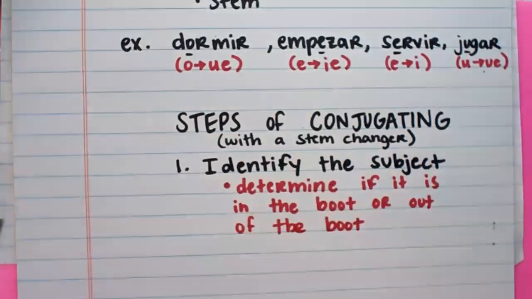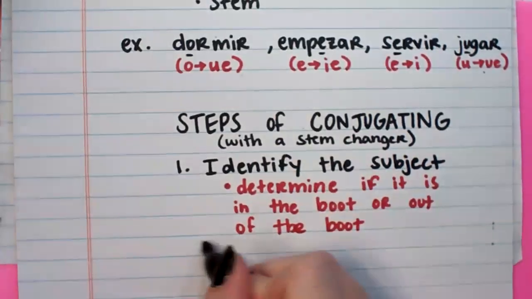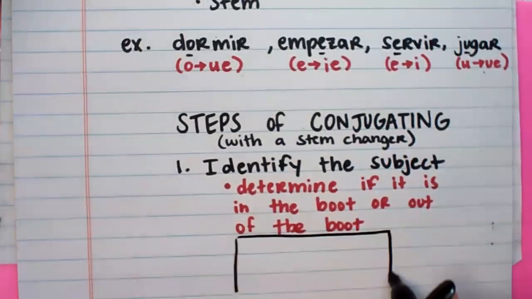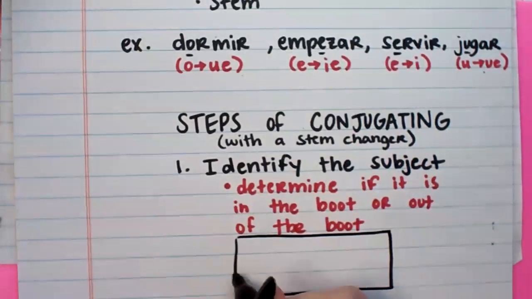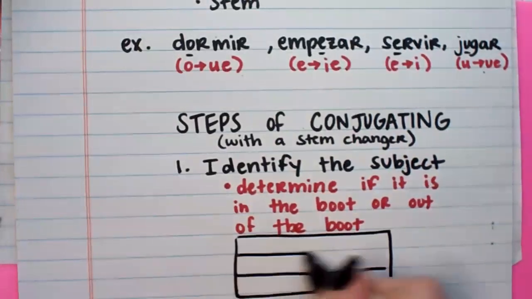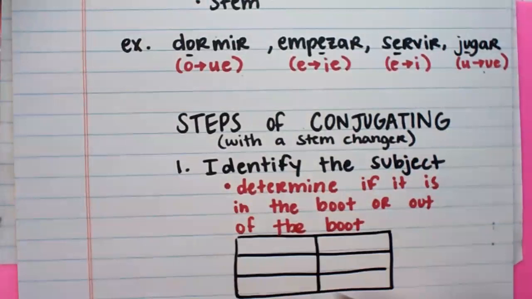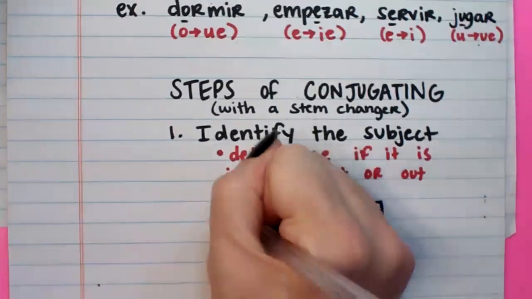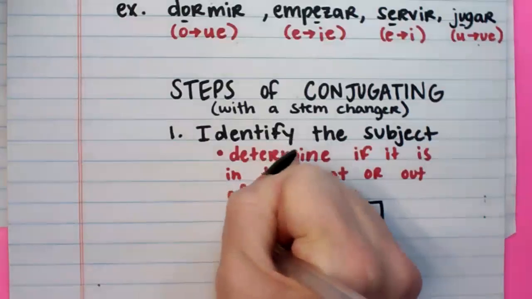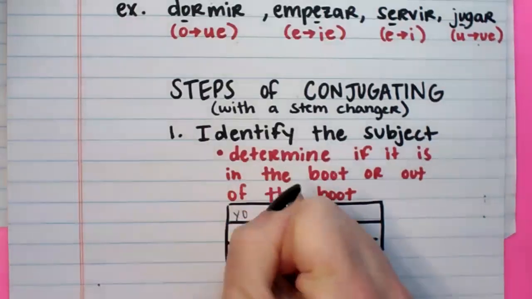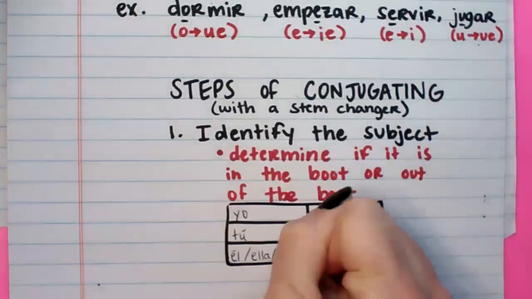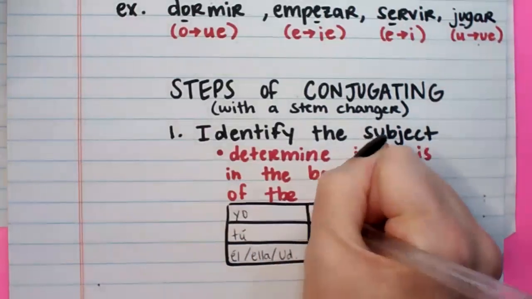So if you remember from Spanish 1, or if you watched the video from last week, in Spanish, we have our conjugation charts. And each of these boxes represents a conjugation that is specific to certain subjects.